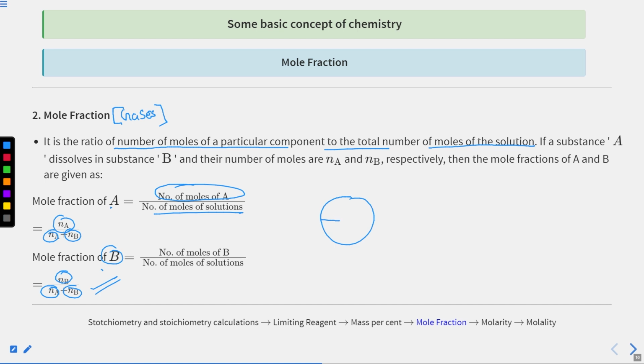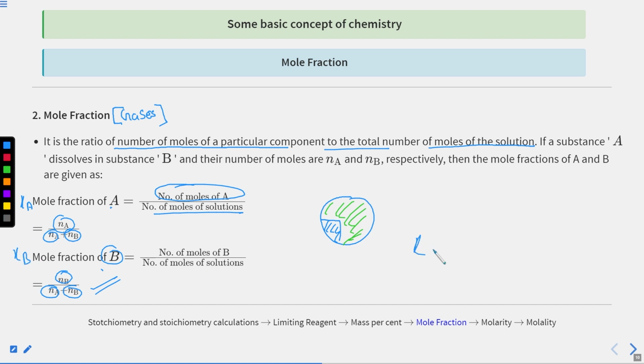Out of this, 3/4 is consumed by, say, blue color, and the rest by, suppose, green color. If you take the fraction of both parts and add them, you will get 1. Similarly, mole fraction of A plus mole fraction of B will be equal to 1. The mole fraction is represented by chi, with a subscript for the given species you are calculating, that is chi A and chi B.